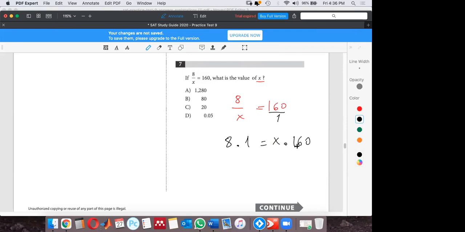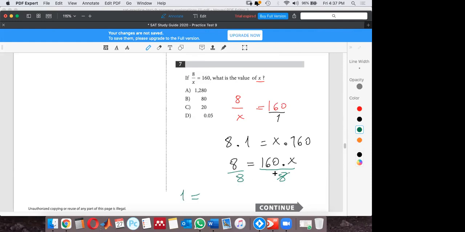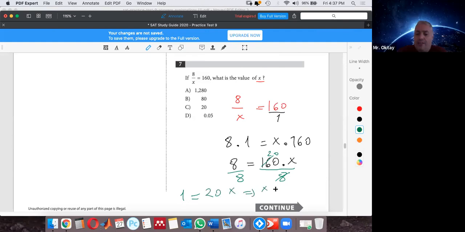So 8 is equal to 160x. Division by 8, division by 8, 1 equals 20x. So x is equal to 1 over 20.